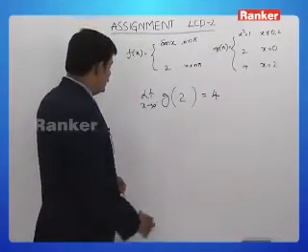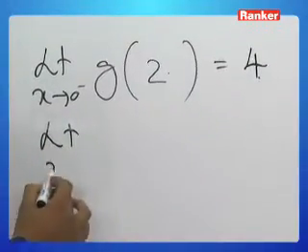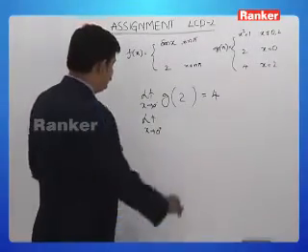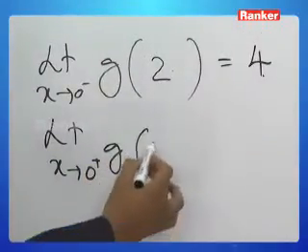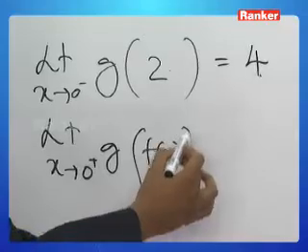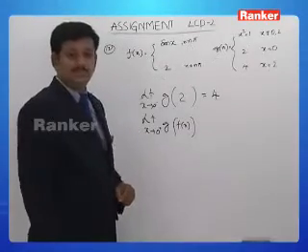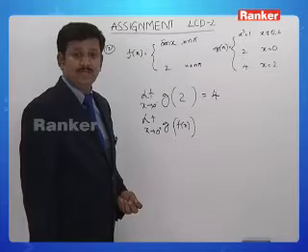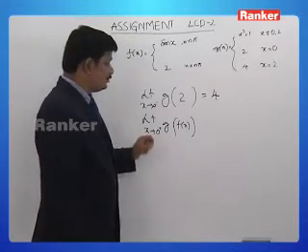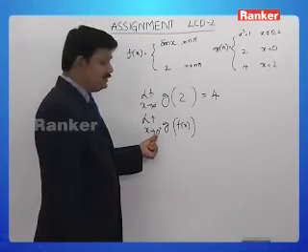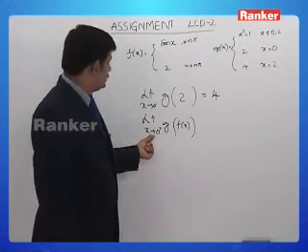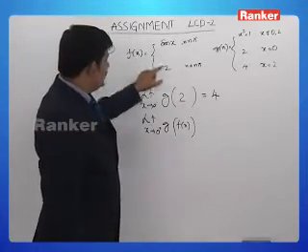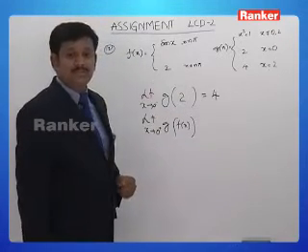Now, let us evaluate the right hand limit, limit of g of f of x as x tends to 0 plus. When x is tending to 0 plus, x is slightly greater than 0. That means x is again not an integral multiple of pi.